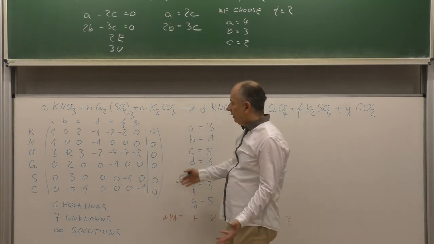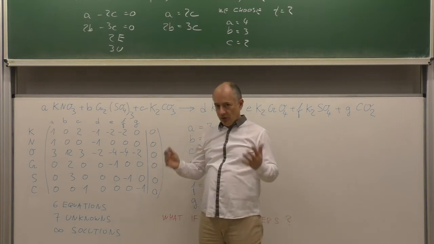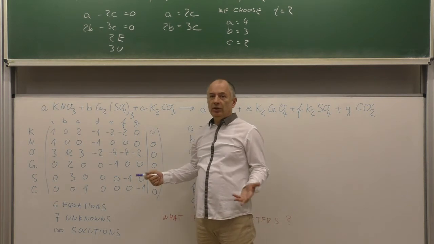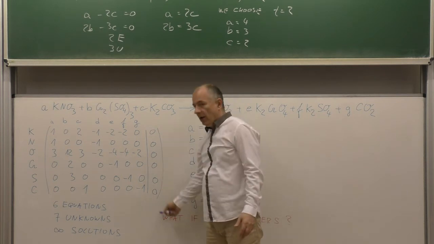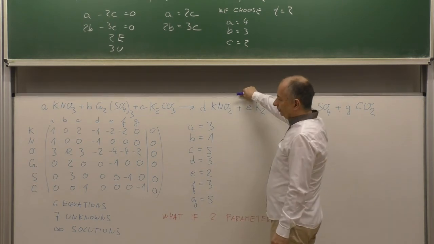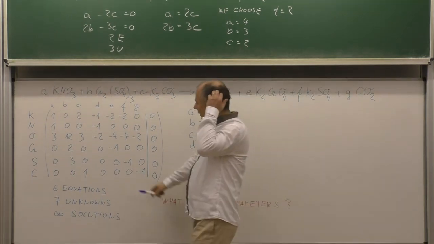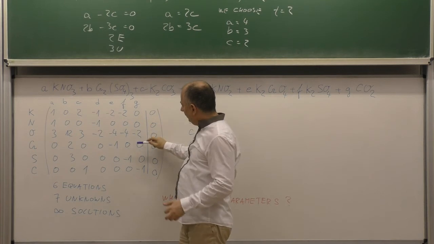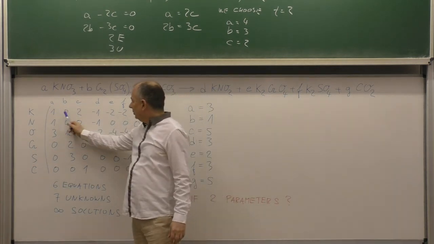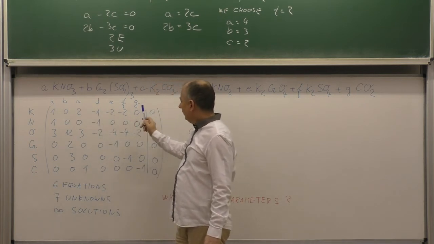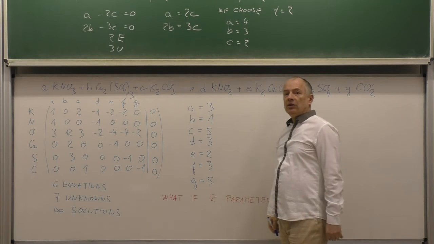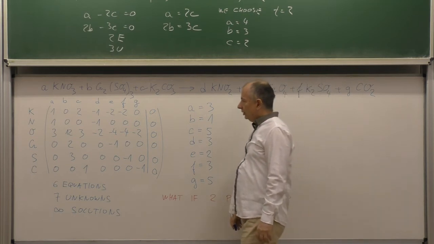Sometimes, if everybody knows that this is a homogeneous system, you don't have to write the 0 column. That gives 6 equations for 7 unknowns. So we expect this system to have infinitely many solutions.